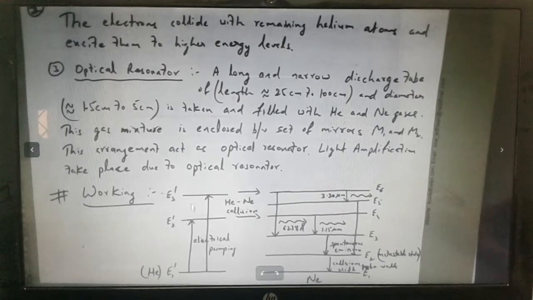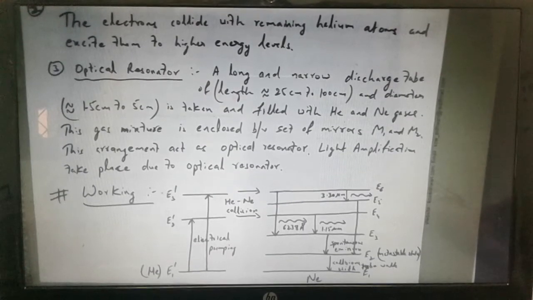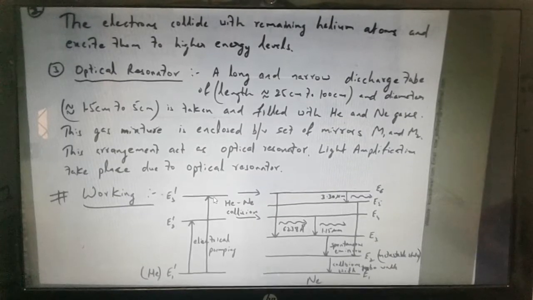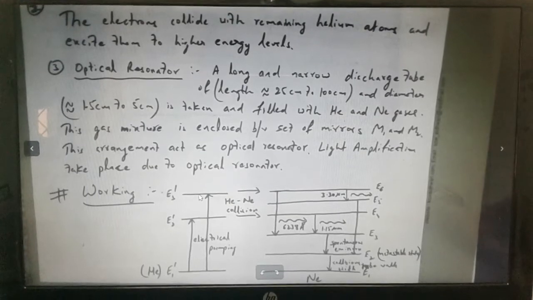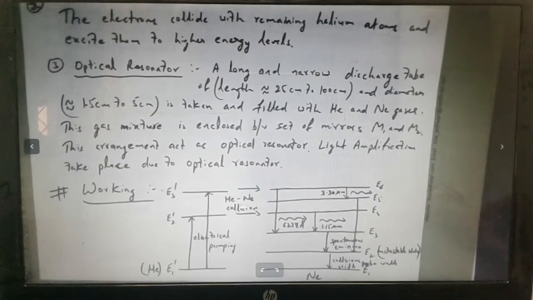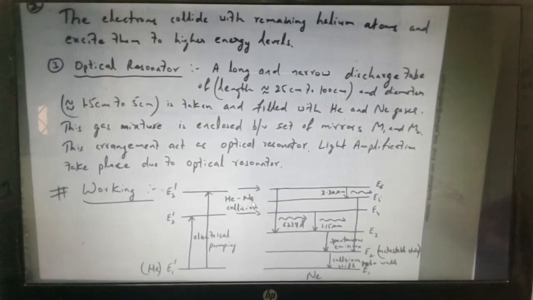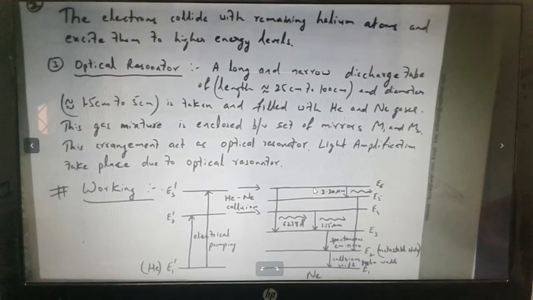Both these excited levels are metastable states, so their lifespan is more. Therefore the helium atoms which remain in these two states collide with the neon atoms which are present in the mixture. Due to this collision, neon atoms also get excited to the levels E4 and E6.